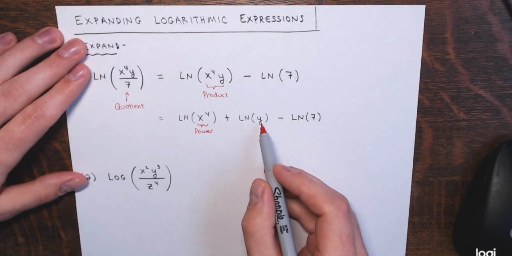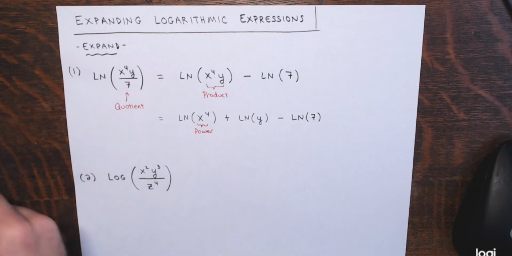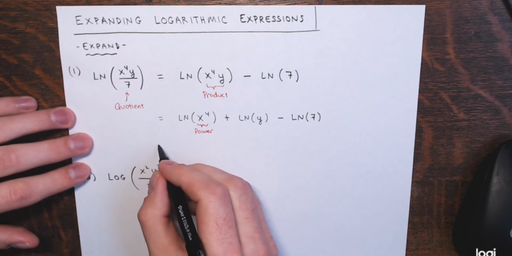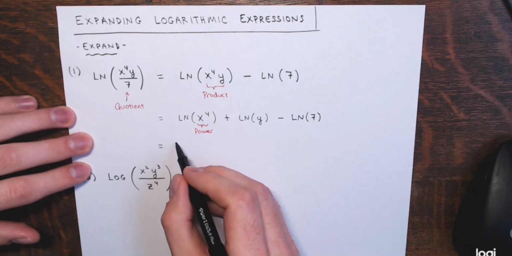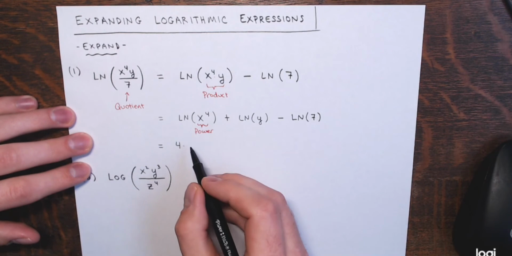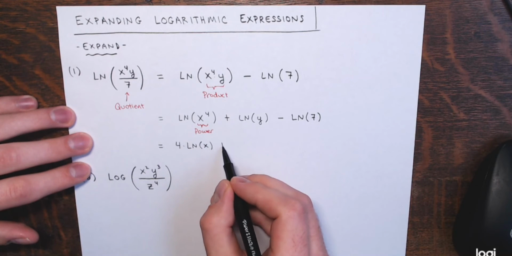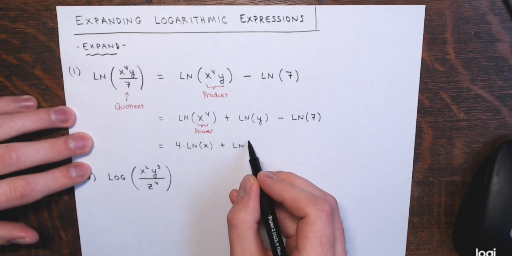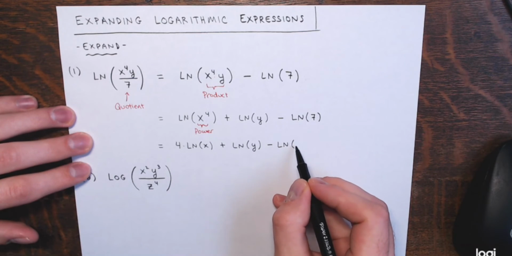And then the natural log of y is done. Y is not a product, it's not a fraction, and it's not raised to some power. So then I finally apply the power rule to this first term, pull the 4 out front. So then we have 4 times the natural log of x plus the natural log of y minus the natural log of 7.